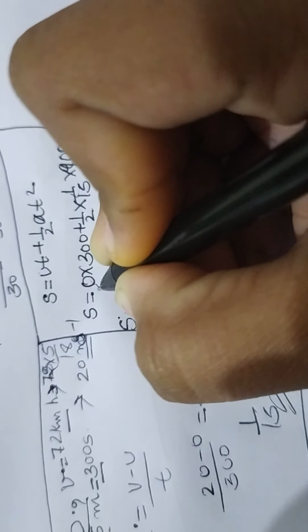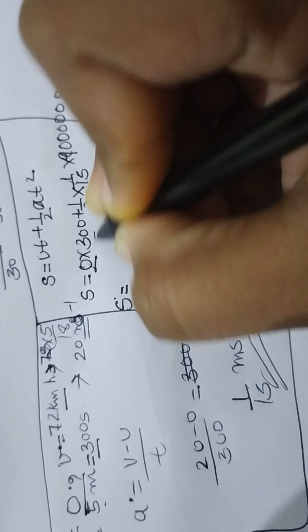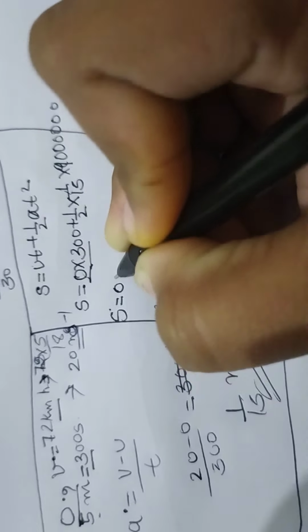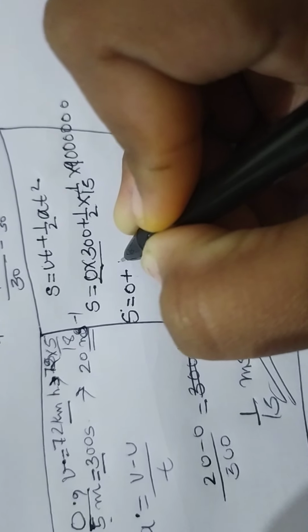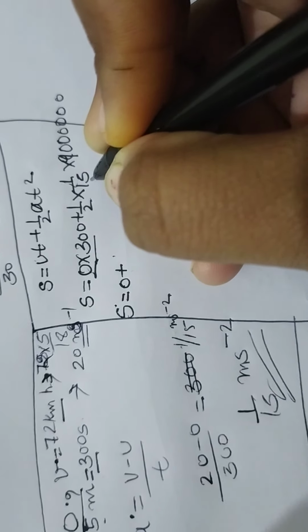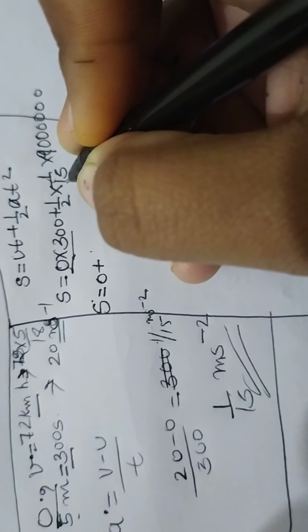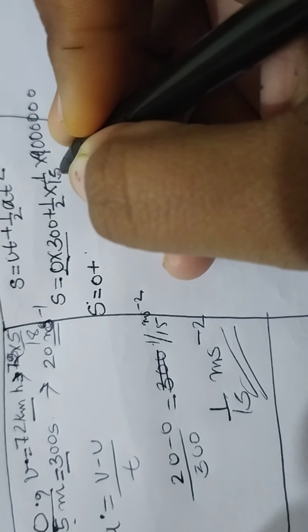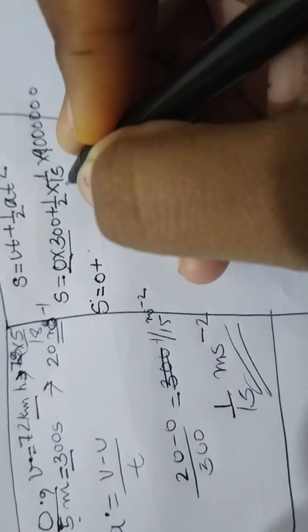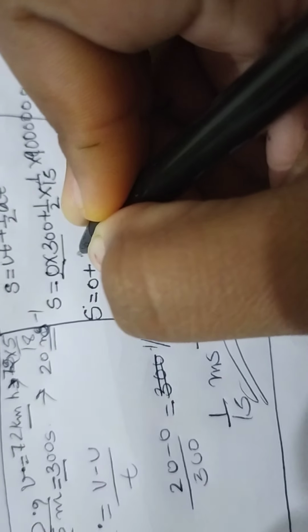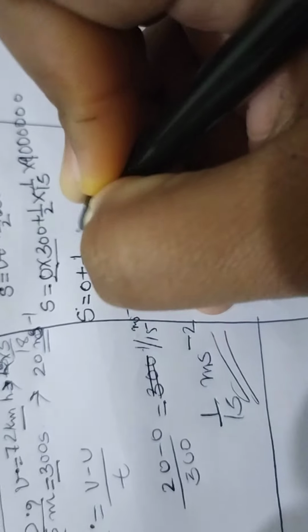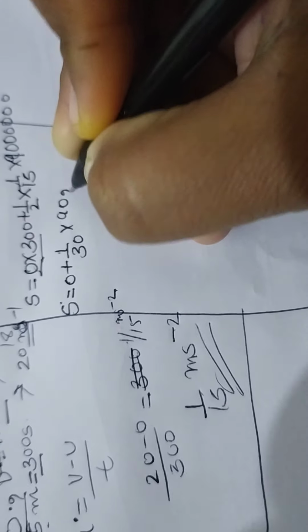By multiplying any digit by 0, we get 0. Then 15 multiplied by 2 we get 30. Then 1/30 multiplied by 90,000.